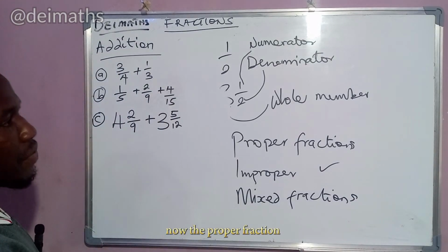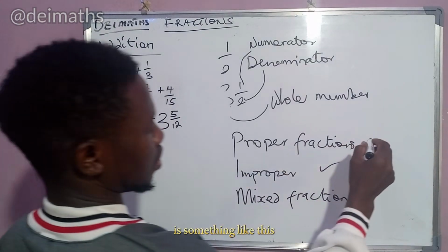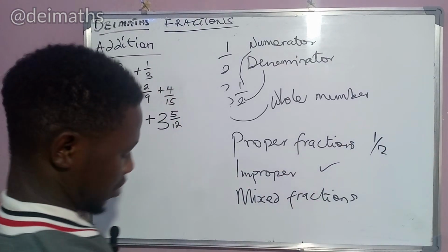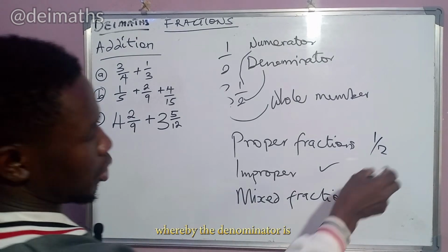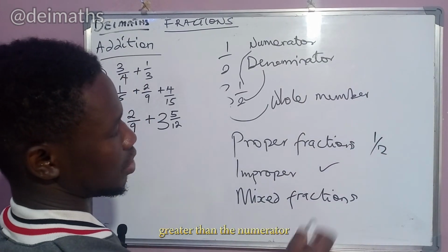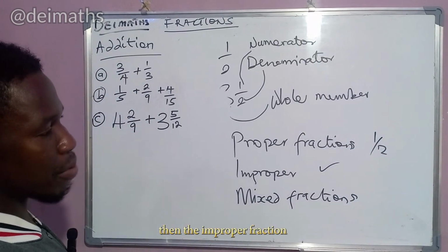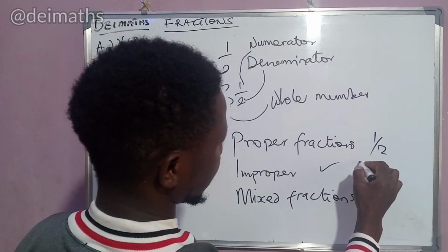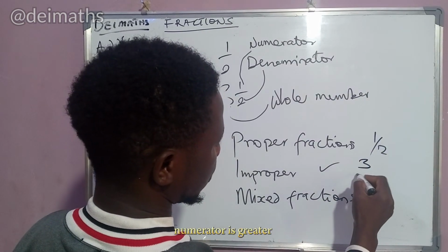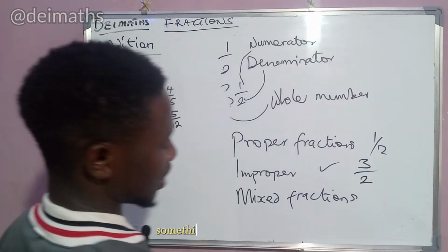Now, the proper fraction is something like this, whereby the denominator is greater than the numerator. Then the improper fraction means that the numerator is greater than the denominator, something like this.